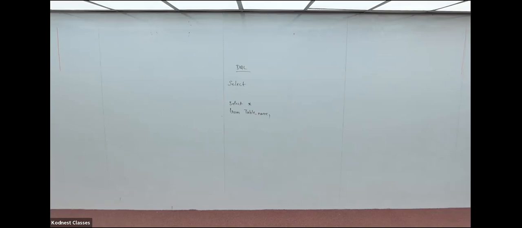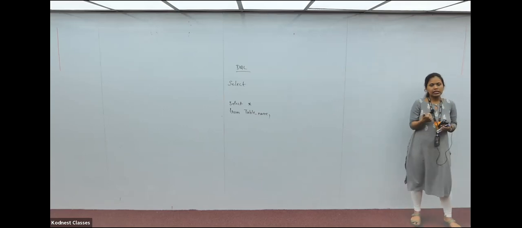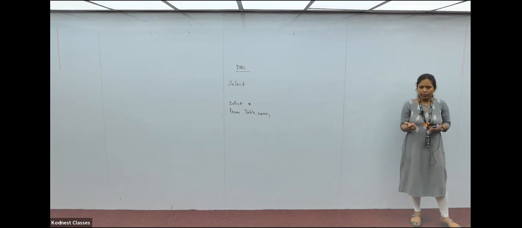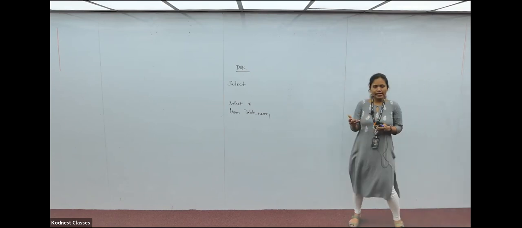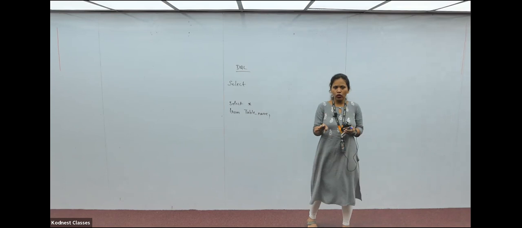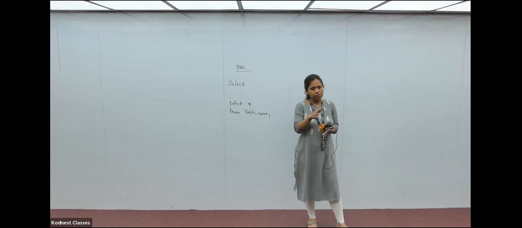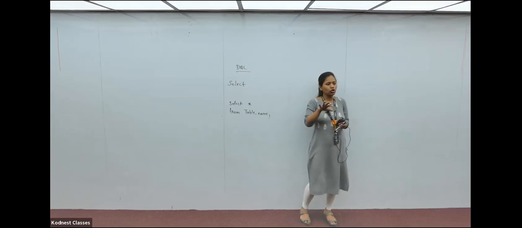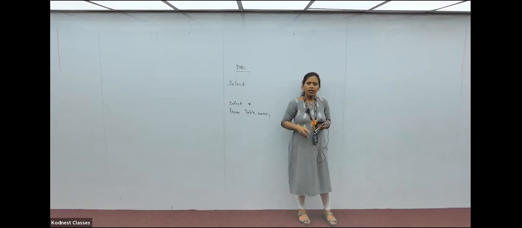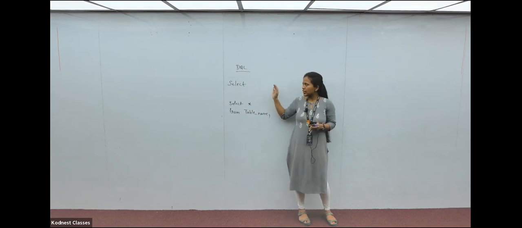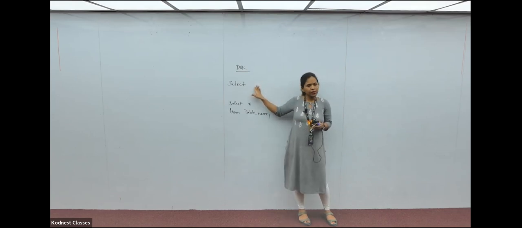And mainly the four sub languages, whatever we have discussed, that is DDL, DML, TCL, and DCL, happen to be the main four categories. DQL usually they consider, and sometimes they won't consider, because what you're doing there is just retrieving, right? Select is considered as a command and also as a clause, as I have told. That is why in a few cases they consider DQL as one sub language, and sometimes they don't.